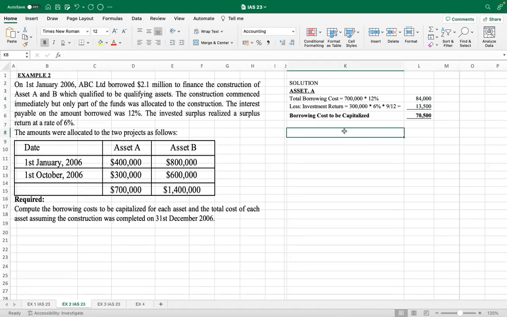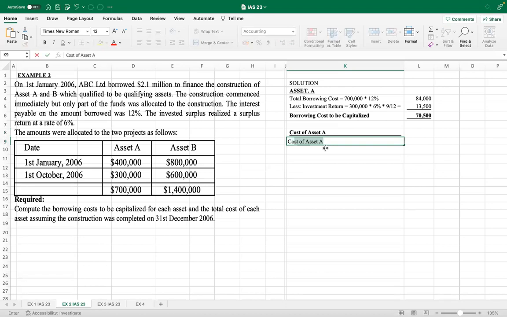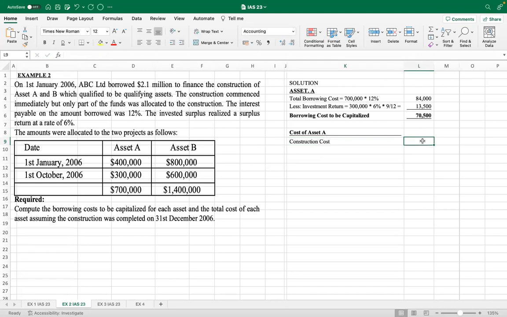And now we need to find the cost of asset A. So what is the total cost of the asset? The total cost of the asset will be the amount spent in cost of construction, the total amount that was spent in construction, which was 700,000.